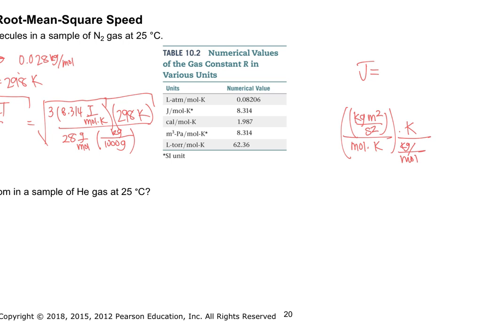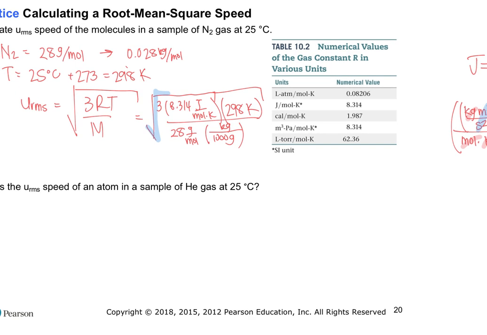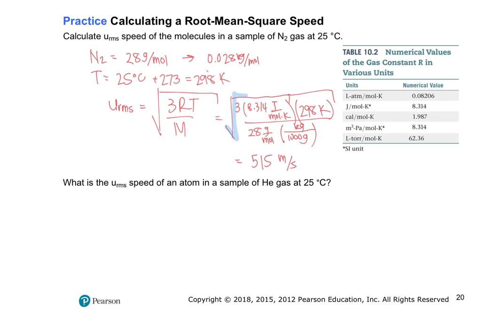So what we end up getting here is that our kilograms cancel out our kilograms, our Kelvin cancels out our Kelvin, and our mole cancels out our mole. So what we are left with is meters squared per second squared, and we're actually going to take the square root of that, right? So we end up getting meters per second. So when we plug that whole thing in, you should get 515 meters per second. So those molecules are moving fast.